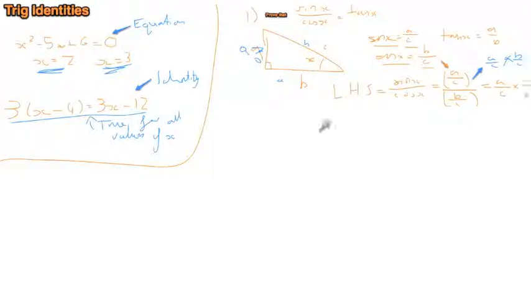And then you cross these out, and then you've got equals A over B. And A over B is equal to tan x, and tan x equals sin over cos. So you've just proven that sin over cos equals tan x, just from working it out like that.